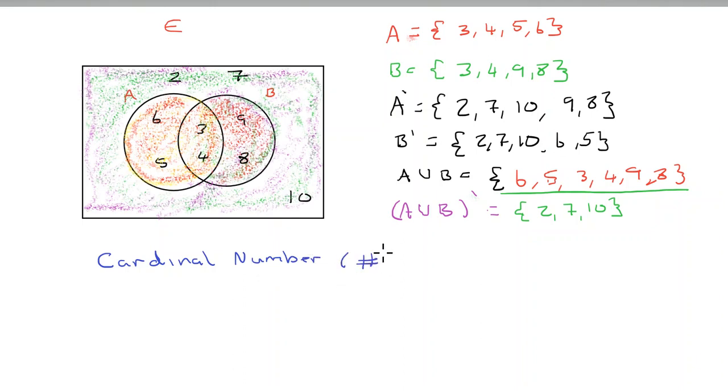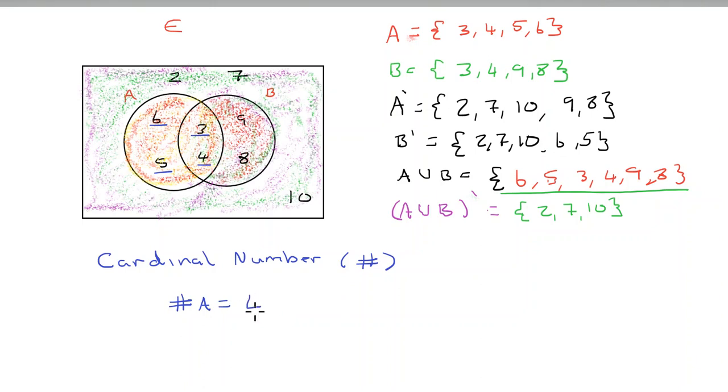And what the cardinal number represents. So let's say if I wanted to know what is the cardinal number of A, that's going to be the number of elements that are in A. So if we think about the numbers, we'll just underline them here. So we have 1, 2, 3, 4. So the cardinal number for A is going to be 4.